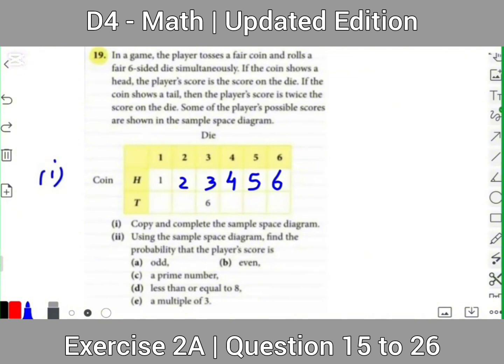So if we have tail, then it will become twice. So here we have 2, and twice of 2 is 4, twice of 3 is 6, twice of 4 is 8, twice of 5 is 10, and twice of 6 is 12. So this is the complete sample space diagram.